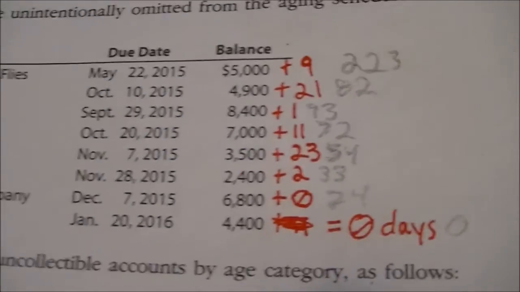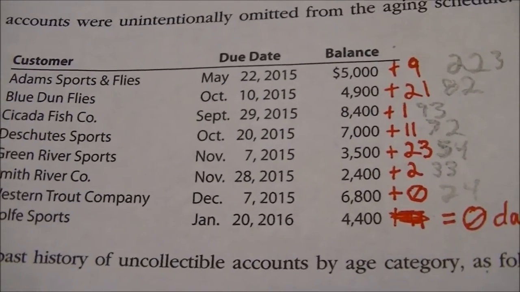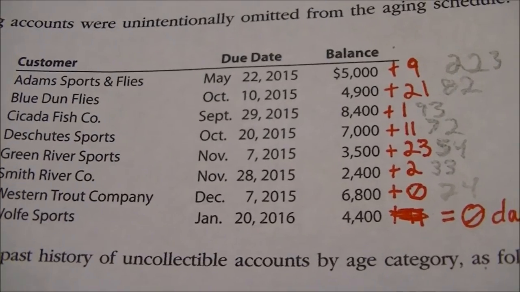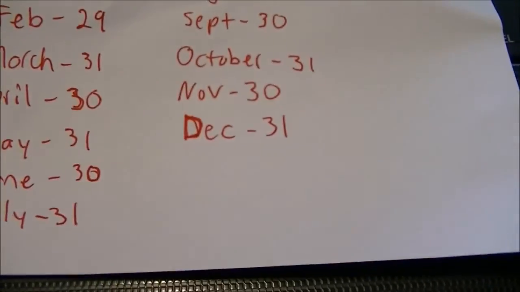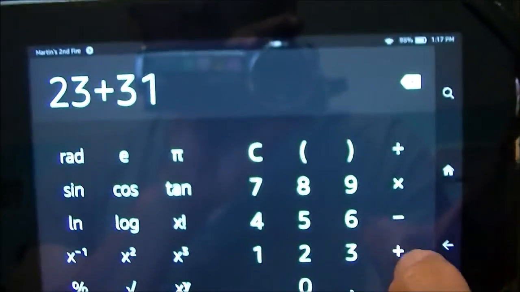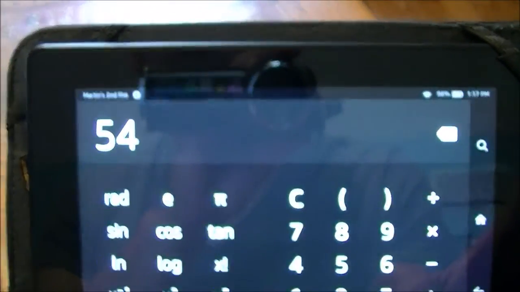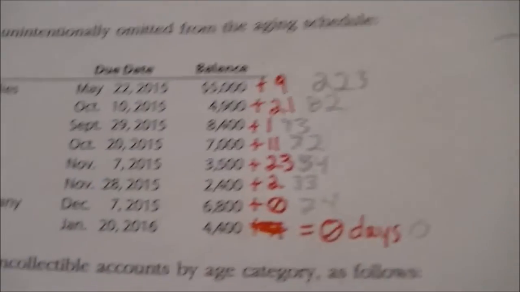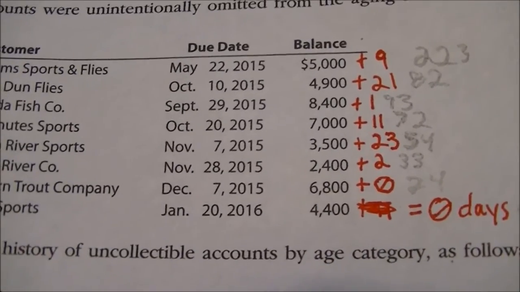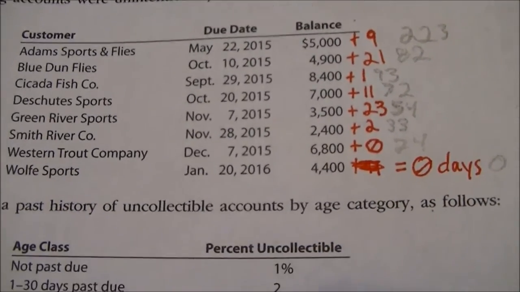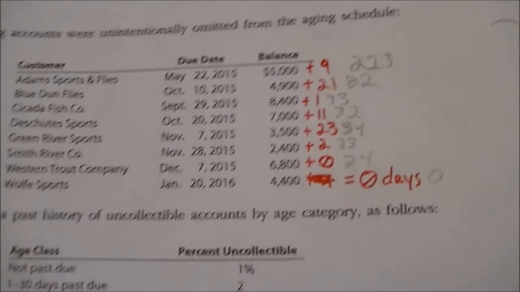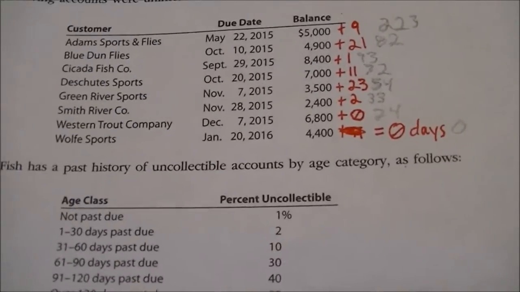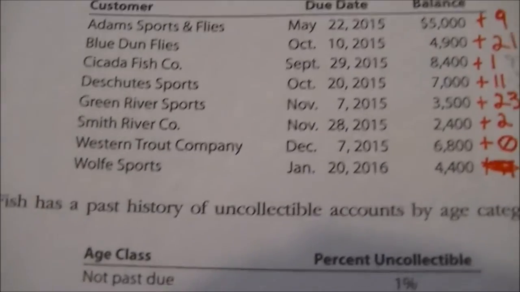And you can see over here I have the added 23 next to the Green River Sports. So let's add the remainder of days plus 31, because 31 days are in December. 54. So you can see here 54 days, and this will go on your aging of receivables, estimating allowance of doubtful accounts.